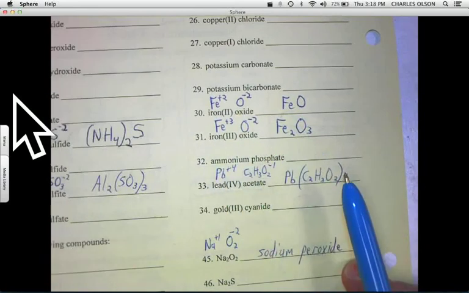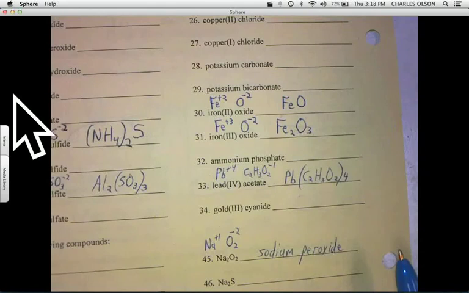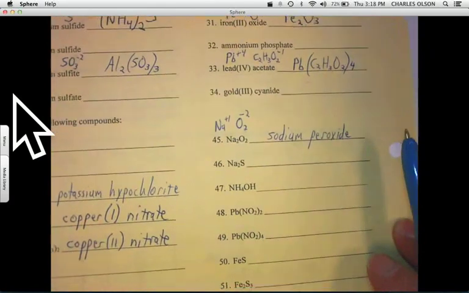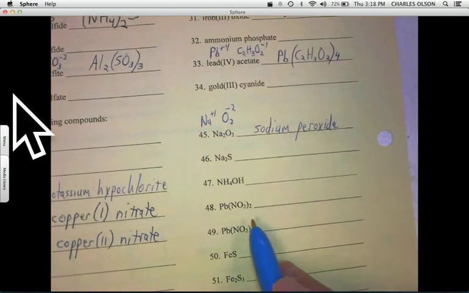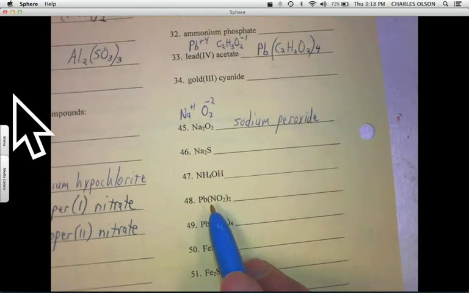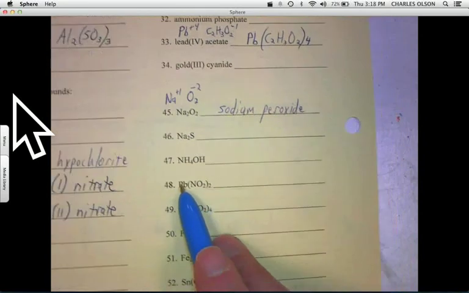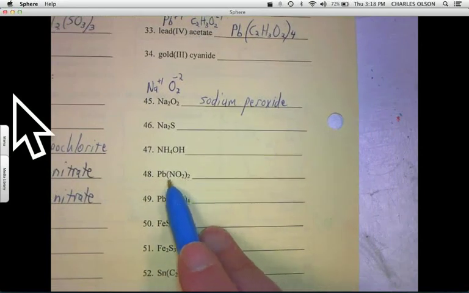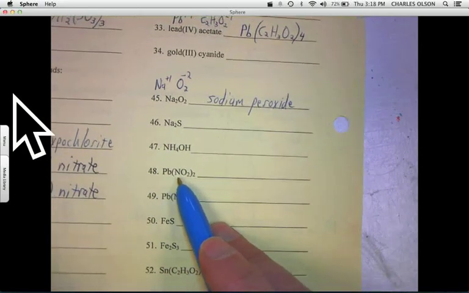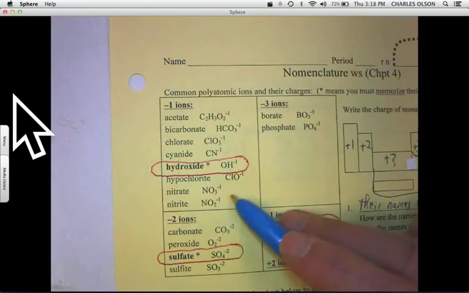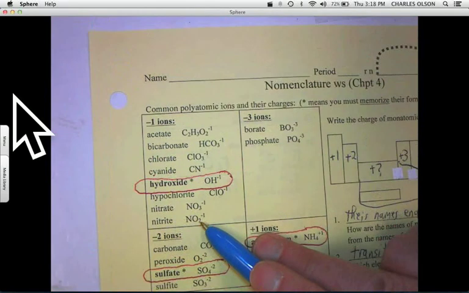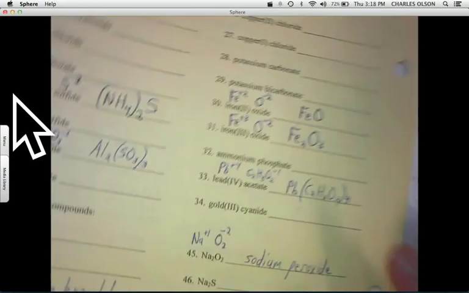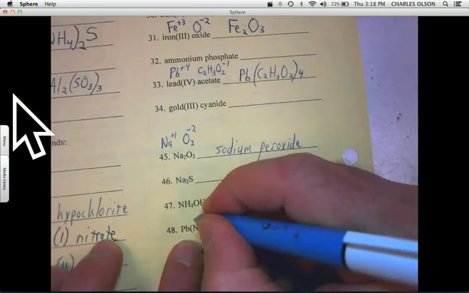Okay, our third type of problem is where we are going the other direction. Let's do number 48. We have Pb(NO2)2. Now, NO2, our table tells us that's nitrite. A nitrite ion has a -1 charge.